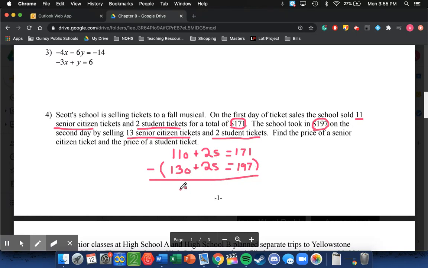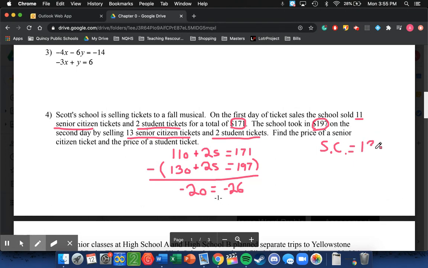So that's -2 senior citizen tickets is equal to, what's the gap here? -26. I'll divide both sides by -2, it'll turn back into being positive. And what that tells me is that a senior citizen ticket, I'll change it to SC, costs $13.